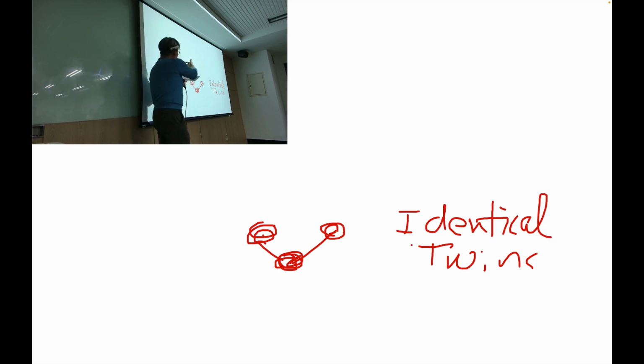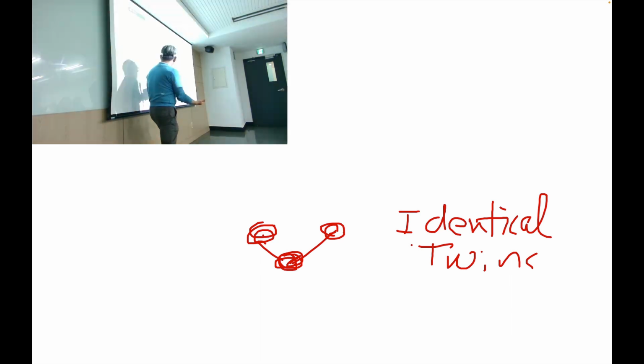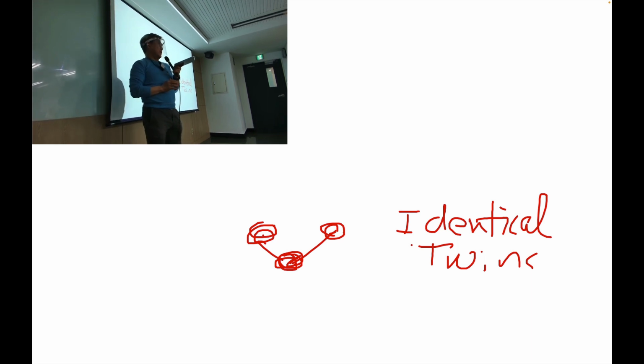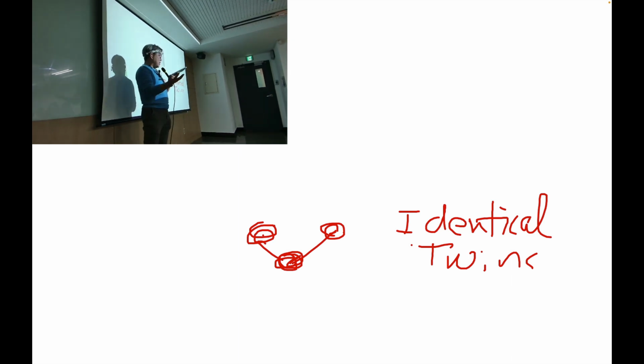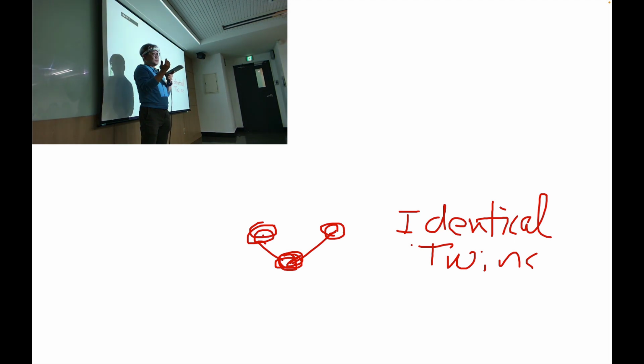So let's compare the DNA sequences of these two identical twins. What would the end result be? If we compare the DNA sequence between these two identical twins right after their birth, would it be different or identical? What do you think?